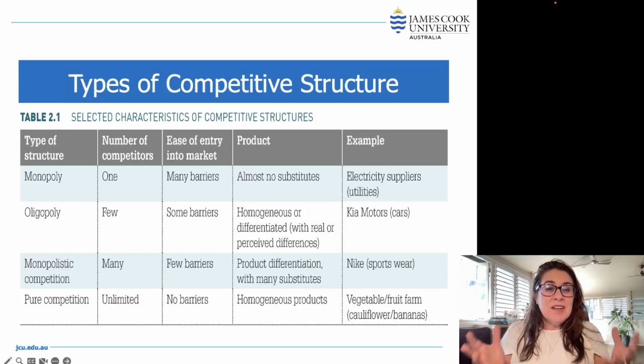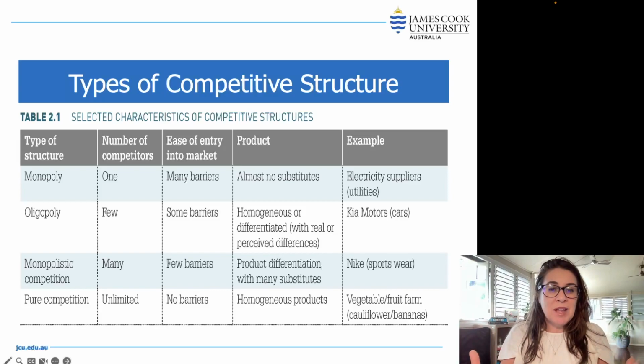And pure competition, if it existed, would entail a large number of sellers, no one of which could significantly influence price or supply. And we do have that out there in the marketplace, such as with fruit and vegetables or milk, for example.